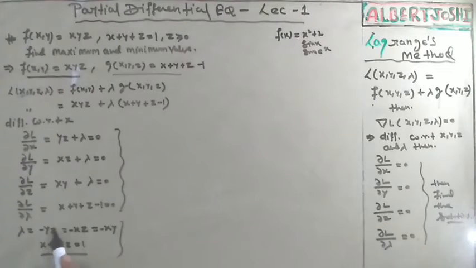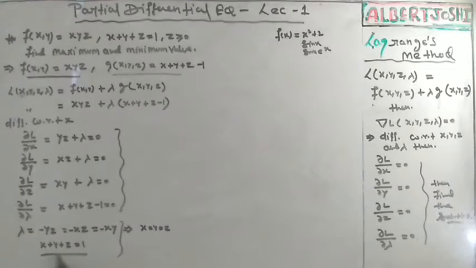You can see also that if you cancel, then y is equal to x. You can also cancel this x, then you can see that z is equal to y. So by the help of this conclusion, we can get x is equal to y is equal to z.